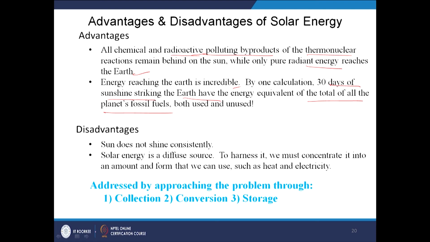Solar energy is a diffuse source, so to harness it we must concentrate it into an amount that we can use, such as heat and electricity. We have to convert the solar energy into some form of electricity and then store it; only then will this technology be very interesting and a great success. So, that is all for this class. Thank you very much for your patience.